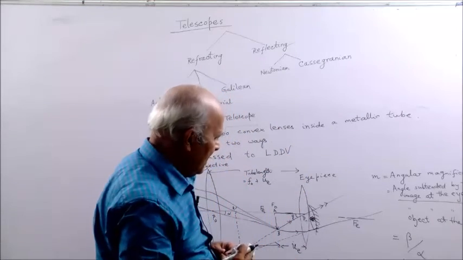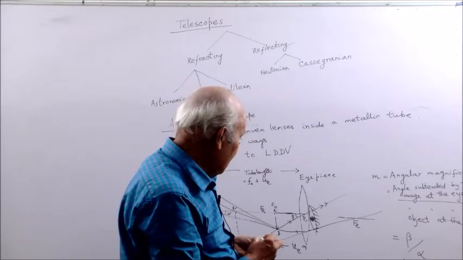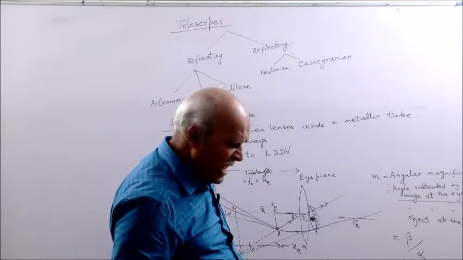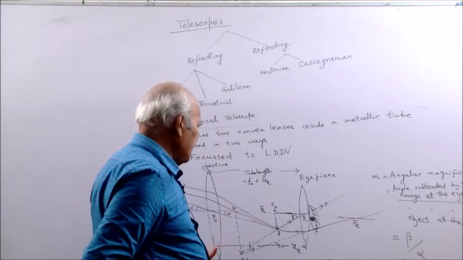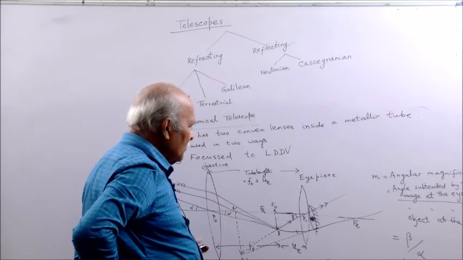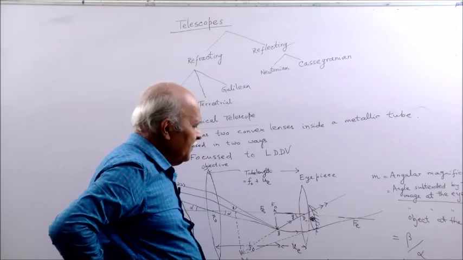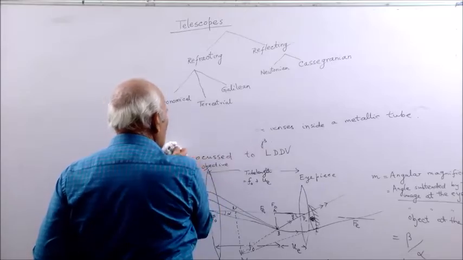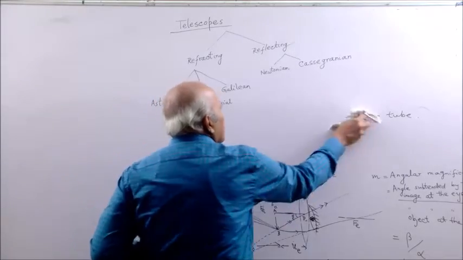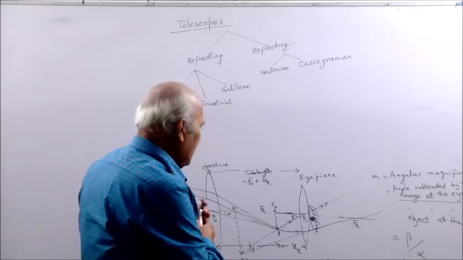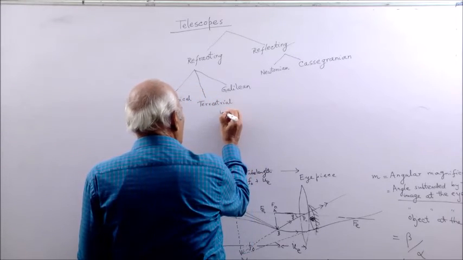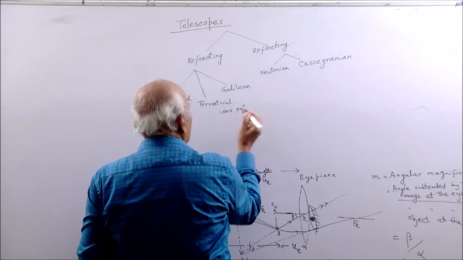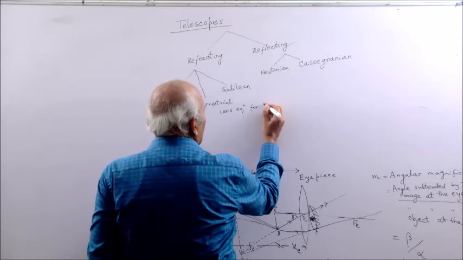But the problem is how to know UE, because inside the metallic tube the two lenses are there, and you are seeing the final image. So, therefore, this UE has to be avoided. To avoid this UE, we will write the lens equation for the eyepiece.